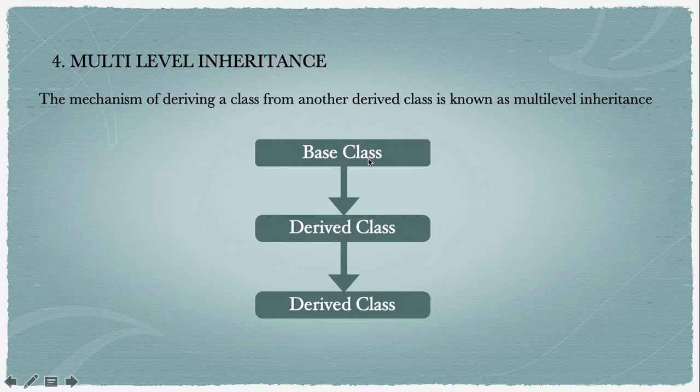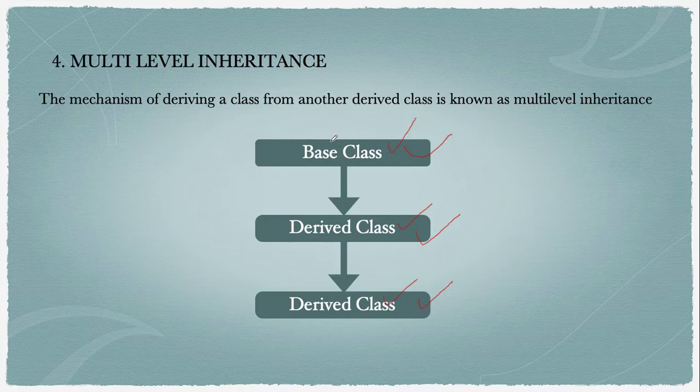In this type, this is the derived class, this is the base class, this one we call the parent base class or grand base class. This one we call the child class, this one the parent class, and this one the grandparent class.